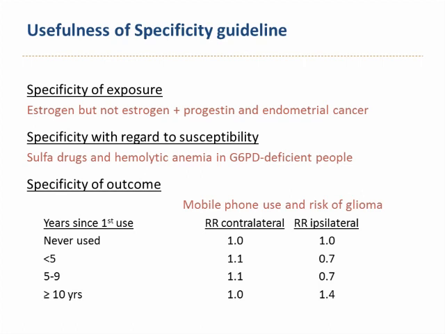So while this is not definitive, it does provide greater confidence that the cell phone usage may actually be causally related to the development of gliomas because of the specificity of the outcome that we observed.